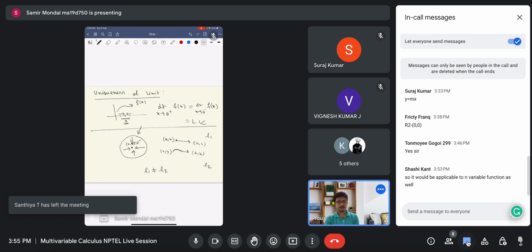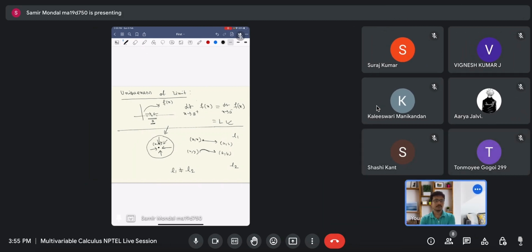Is it so or not? Please tell me. Using the definition of the limit of a function to show that the limit does not exist is a little bit difficult.